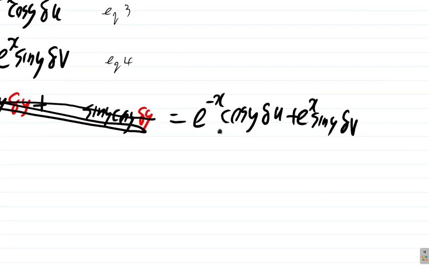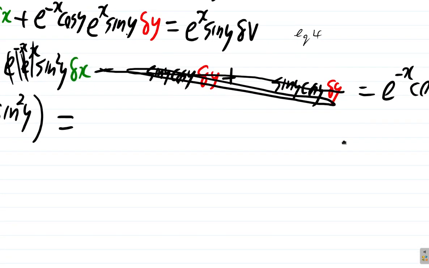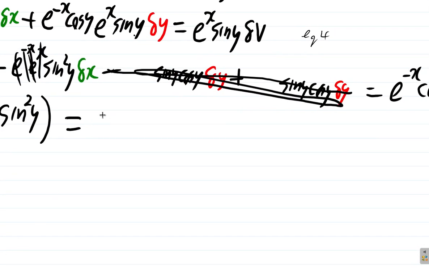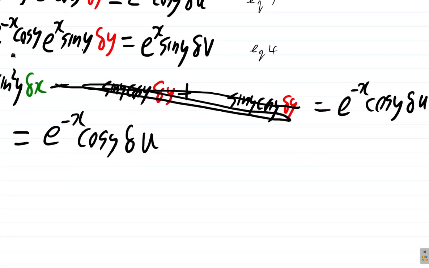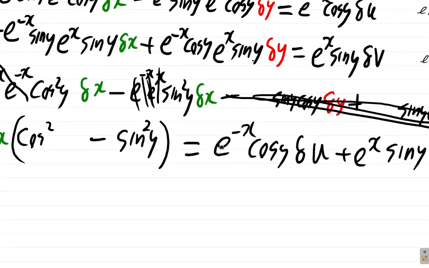So all we have is equal to e to the negative x cos y del u plus e to the x sine y del v. Alright. That's what we have.